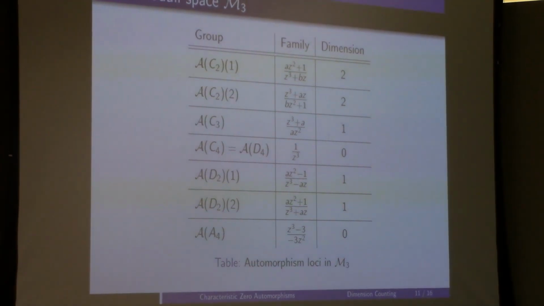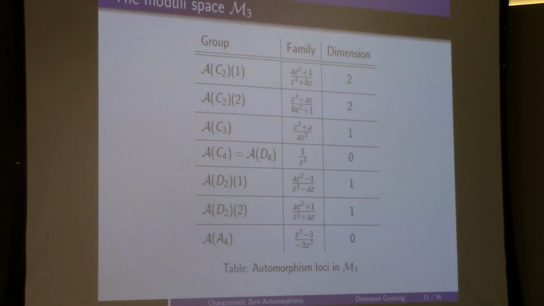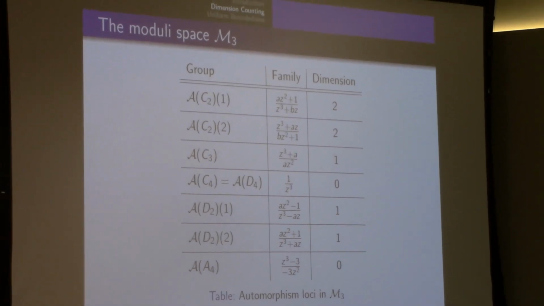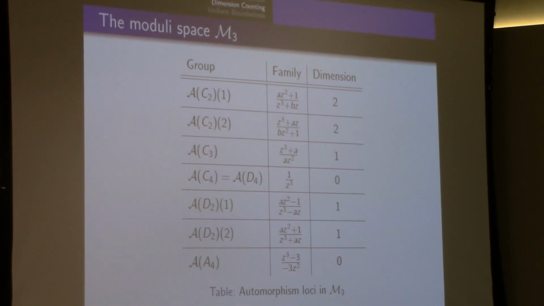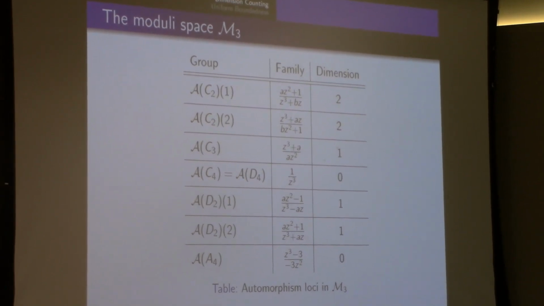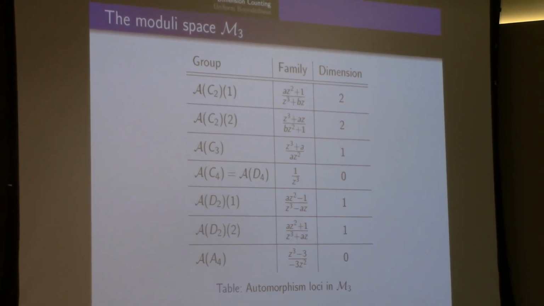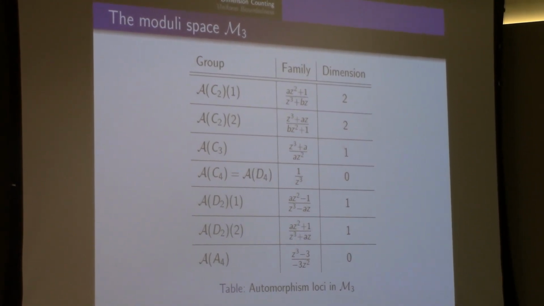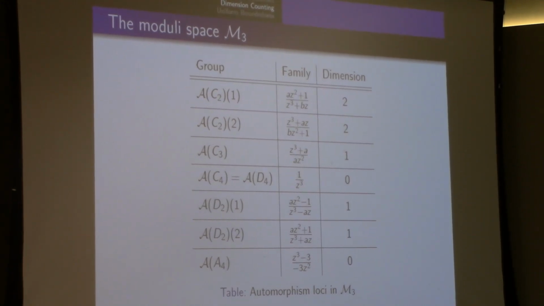So in particular, you wouldn't expect dimension 4, right? That would be kind of strange. Notably, we didn't see any full dimension subvarieties, which is nice, because that would tell you that you have some dense set of full dimension whose automorphism group contains a given group. It's just not behavior you would expect.